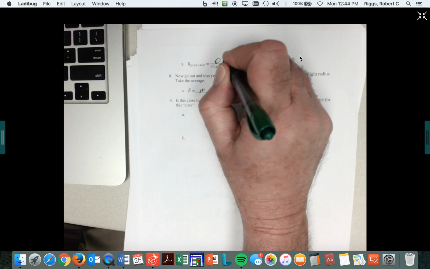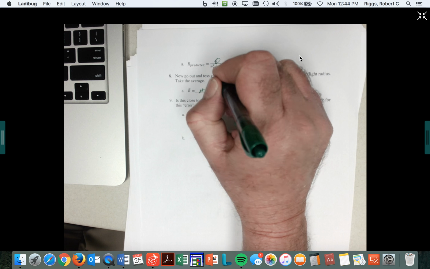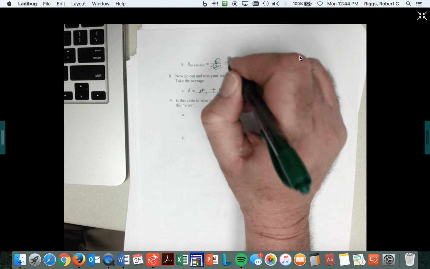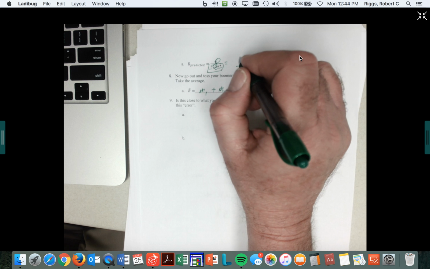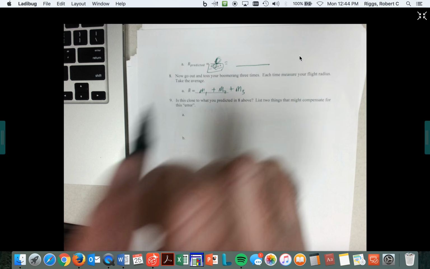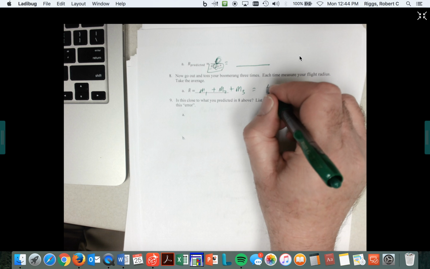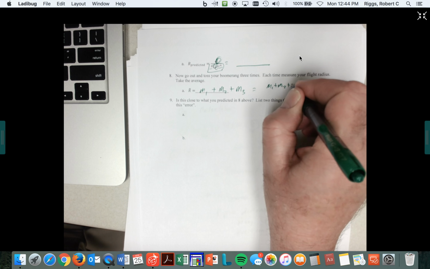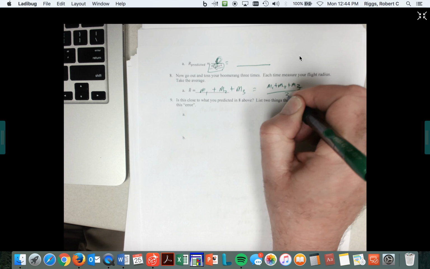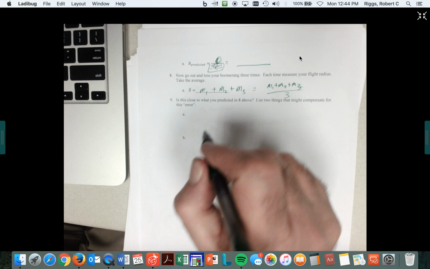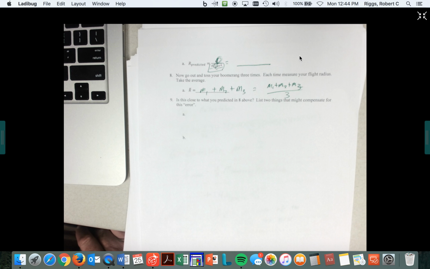Now, if this I gets bigger and CL stays the same, pi is the same, R to the fourth is still the same, rho is still the same, everything down here is still the same, and this I gets bigger, I'm hoping that it comes out bigger, and then is equal to M1 plus M2 plus your measurement 3 divided by 3, and you'll see what. All right, so now see if it's close to what you predicted up above, and list 2 things that might compensate for this error.